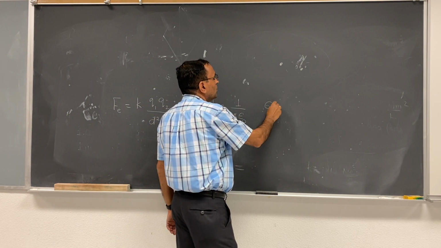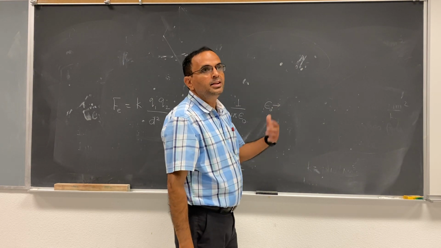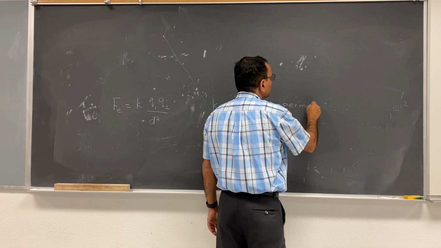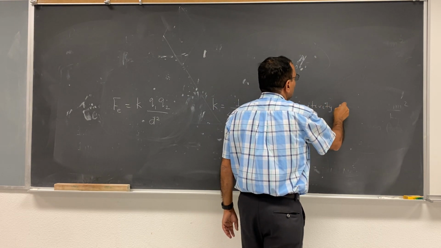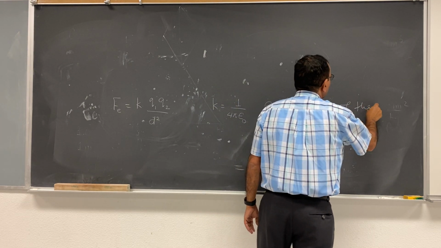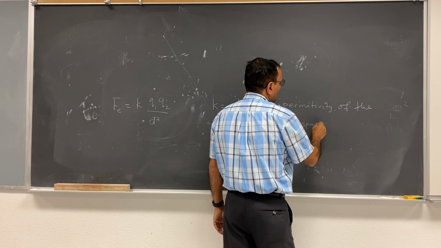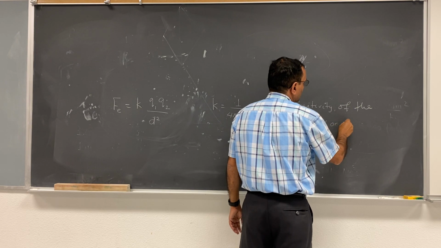Epsilon 0 we call the permittivity of free space.